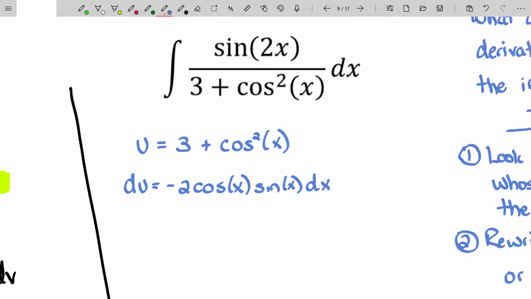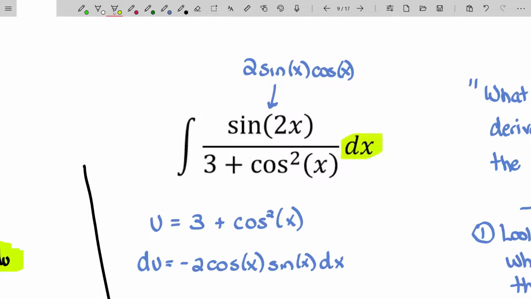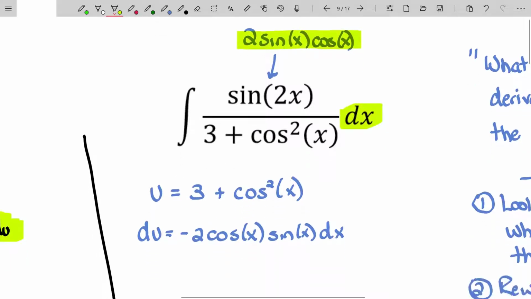And you ask yourself, do I have a 2 cosine of x sine of x dx to steal? And if you say no, it's because you're not thinking in terms of trig identities. That is actually 2 sine of x cosine of x. So we actually do have a dx times 2 sine of x cosine of x to steal away.